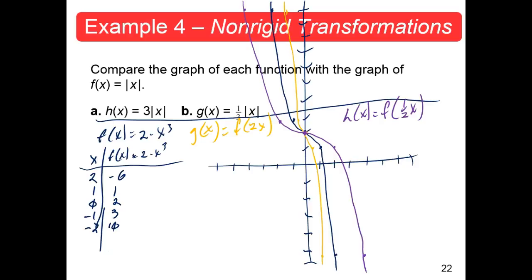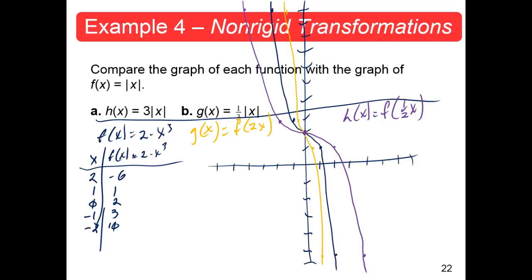Number 1, are you changing x values or y values? Second? Okay, f of x plus c. What are you adding to?